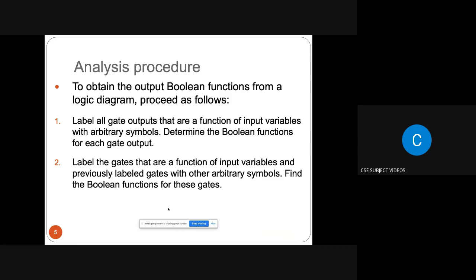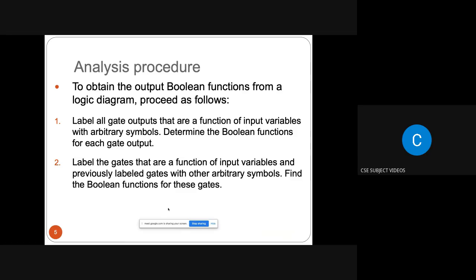Combinational circuit consists of two procedures. One is the analysis procedure and the other is the design procedure. Analysis procedure deals with finding out the Boolean function and the truth table. Design procedure deals with finding out the circuit for a given problem statement.